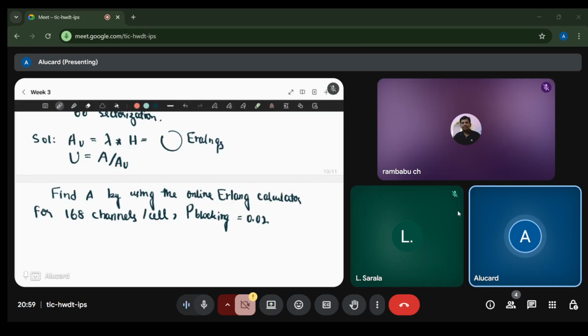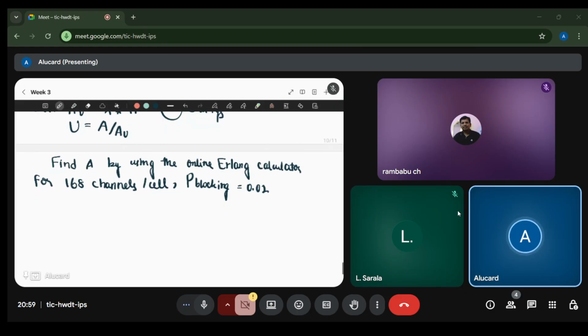So find A from the Erlang calculator, then the number of users U is A over AU. That is the number of users if you don't do sectorization.